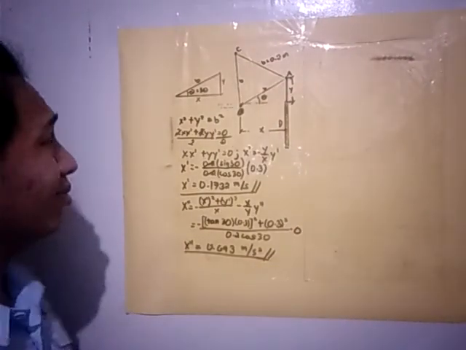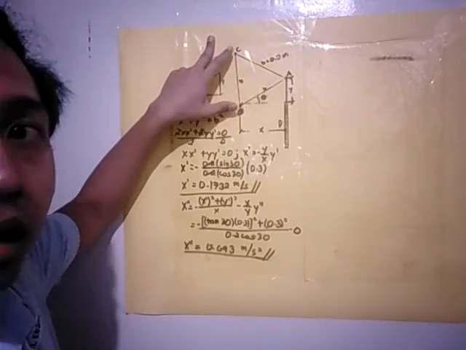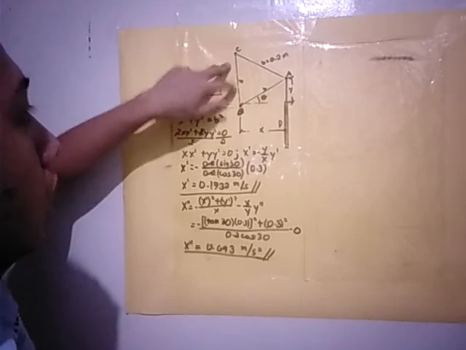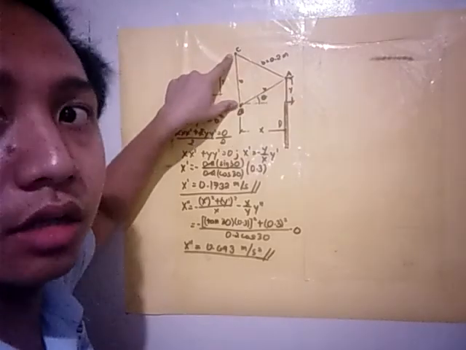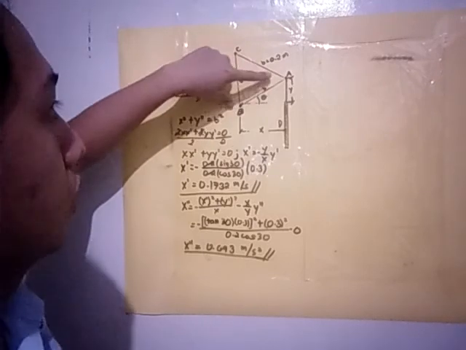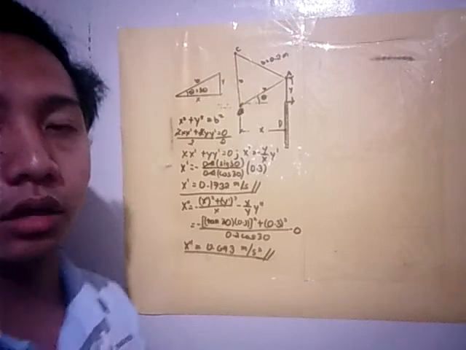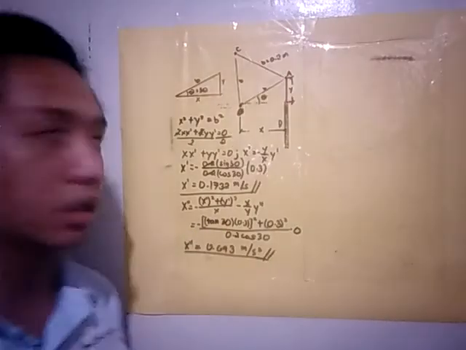So this is an equilateral triangle, meaning that the angular velocity and angular acceleration at this member is also equal to the angular velocity and angular acceleration in the other two sides.